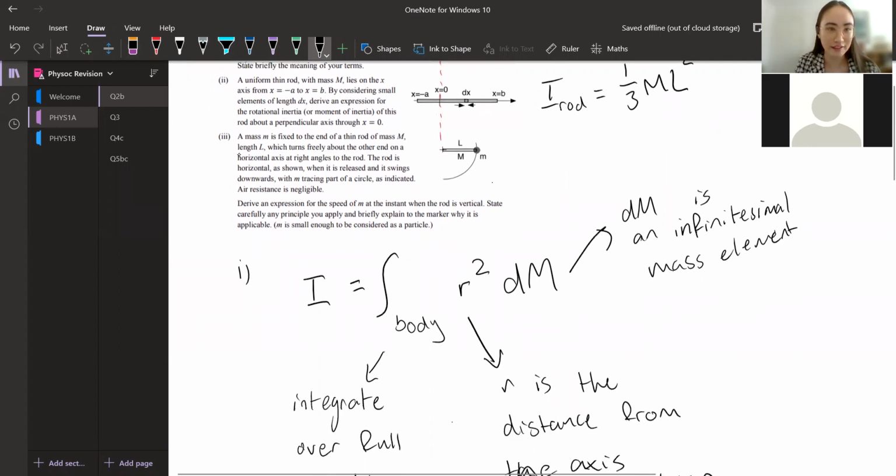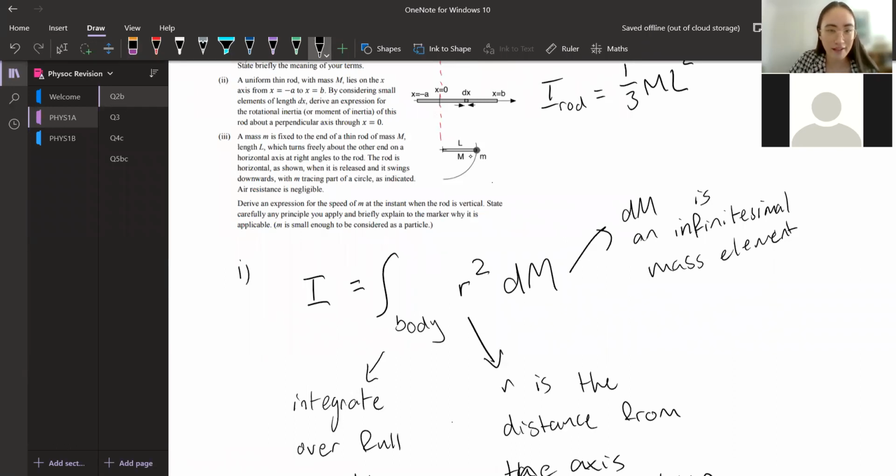Then part 3, a mass m is fixed to the end of a thin rod of mass big M and length L, which turns freely about the other end on a horizontal axis at right angles to the rod. The rod is horizontal as shown, and it's going to be released swinging downwards and tracing this circular arc.